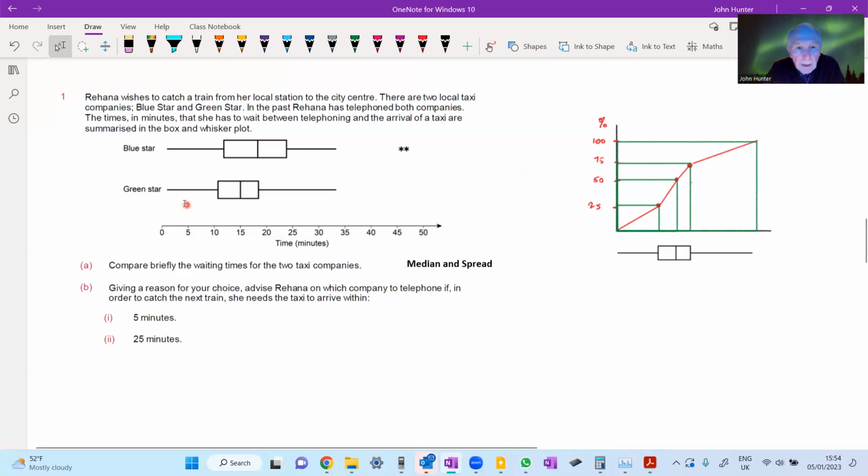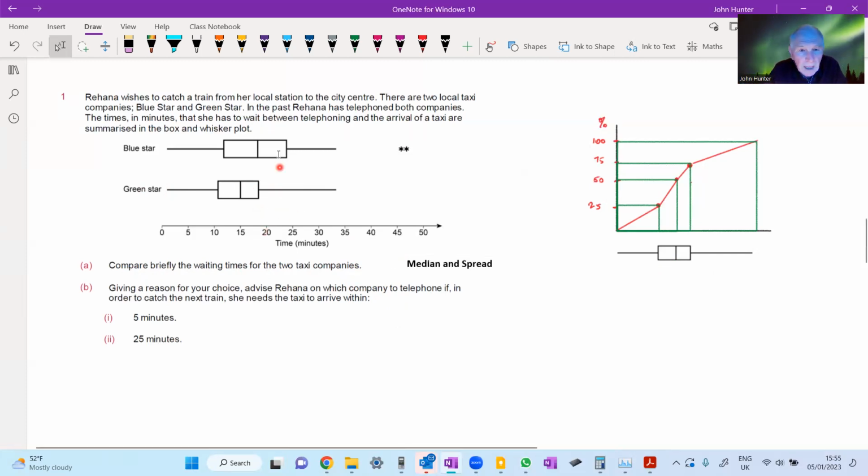Okay, so we've got the same thing for Green Star here. Compare briefly the waiting times for the two taxi companies. Well, this comes back to what I've just said, really, is that the two things that we're interested in are the median and the spread. And when we talk about spread, usually more reliable to talk about the interquartile range, unless we are told otherwise.